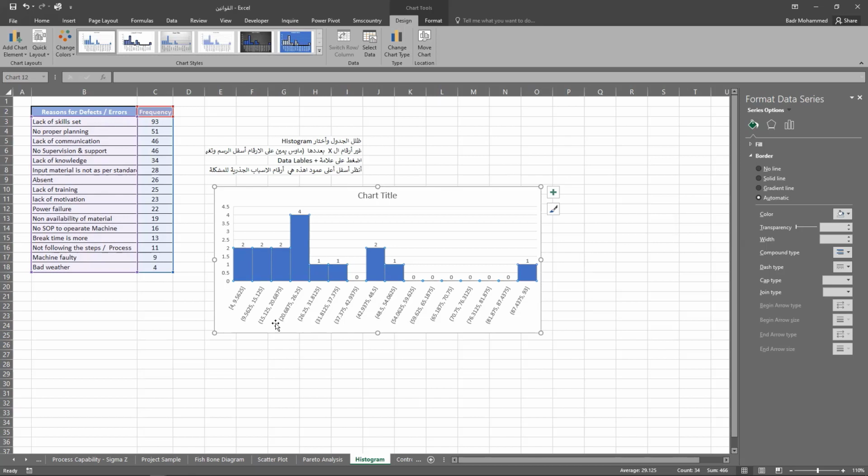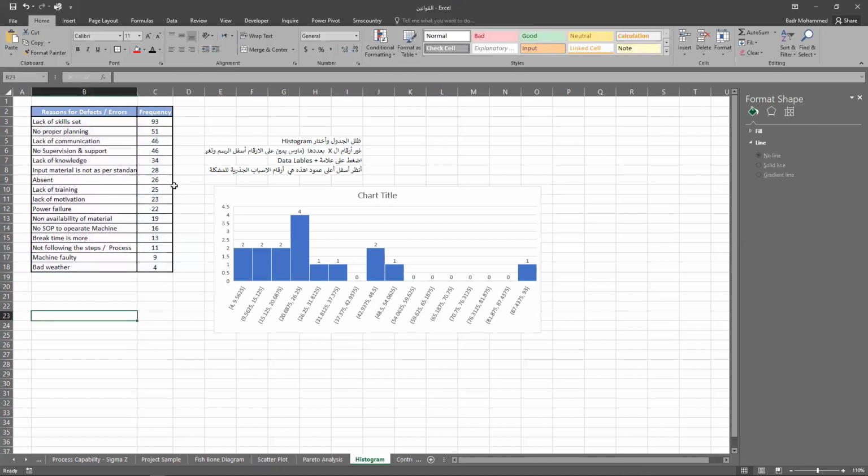Here it will tell you your main root cause is between 20 point something and 26.25. So this is a degree for your main problem. Where is it between 20 and 26? This is 20, and this is 26.